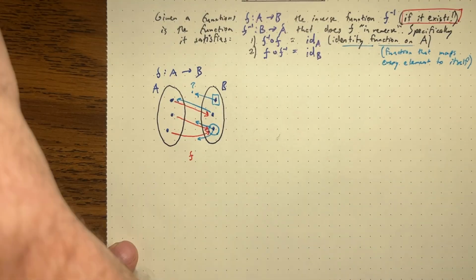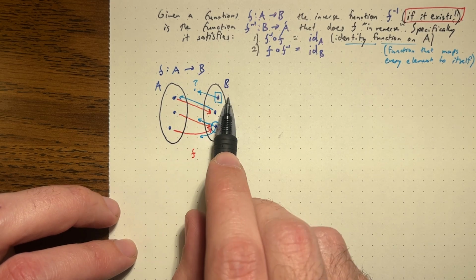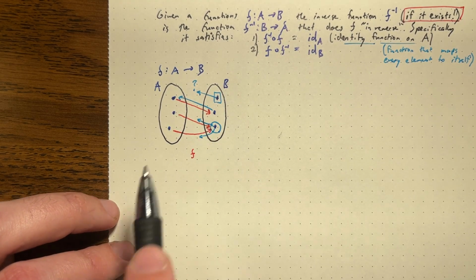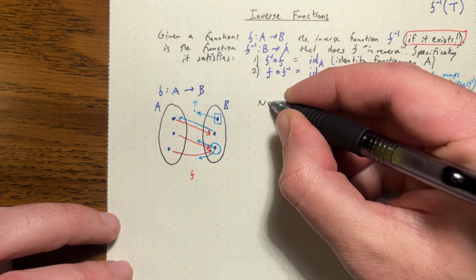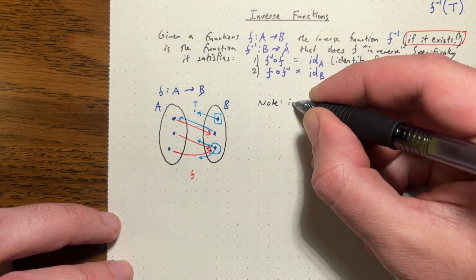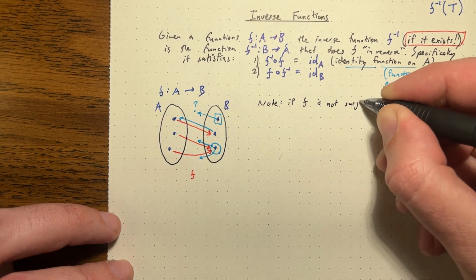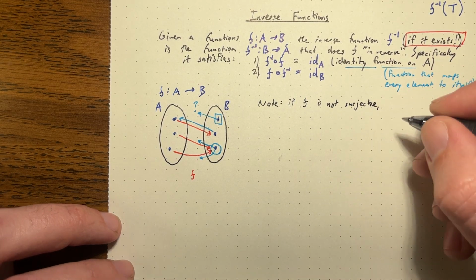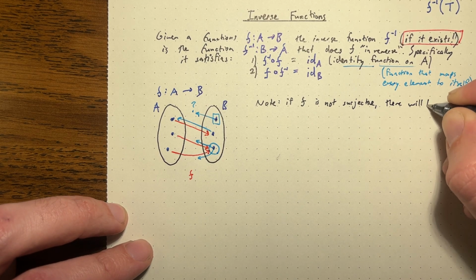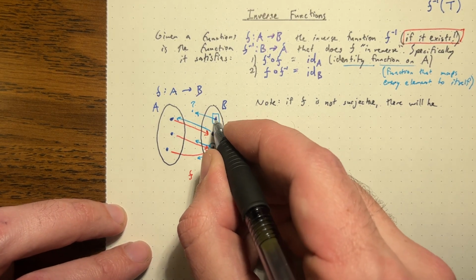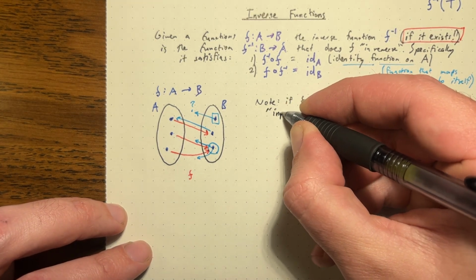The first one, let's explore that a little bit more. So this one, we don't know where it goes because nothing got sent to it, right? So the problem is that f is not surjective there. So note, if f is not surjective, then what's the problem? Well, there will be, I guess we can think of them as inputs of the inverse function.